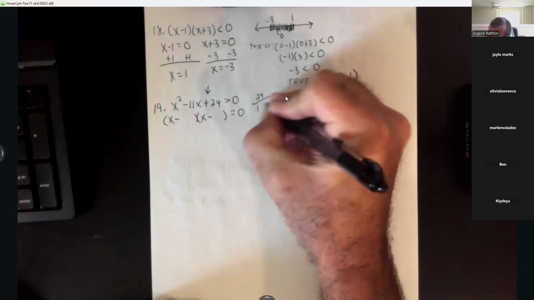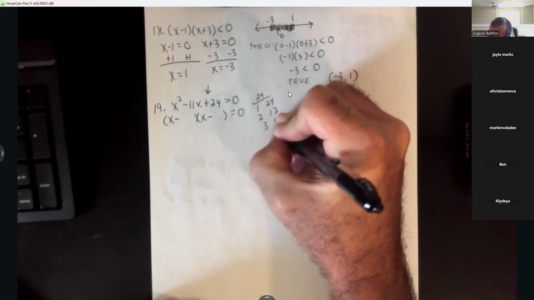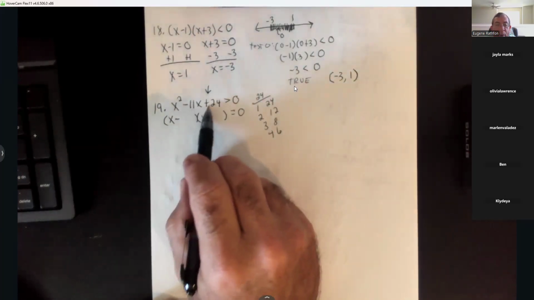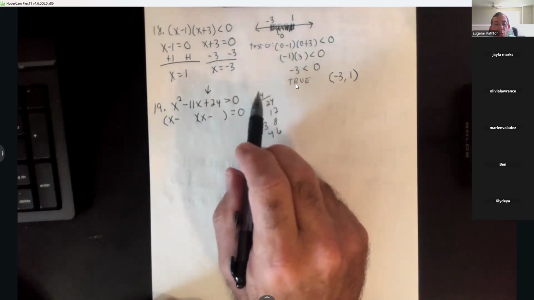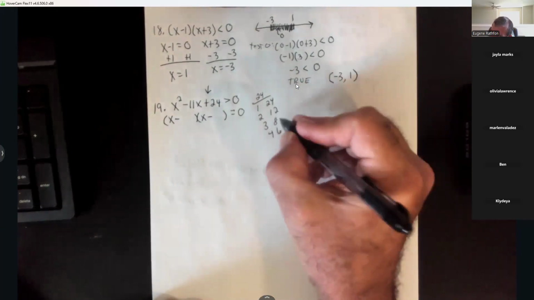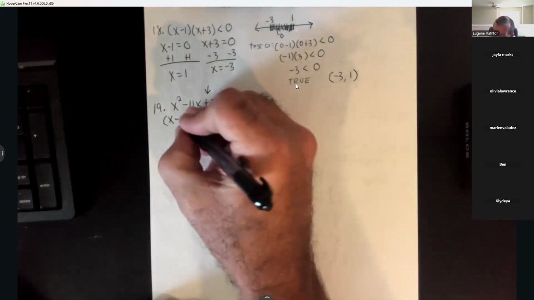All right, now you want factors of 24. Since that's positive, you want factors of 24 that add to get 11. The only factors that add to get 11 are 3 and 8.